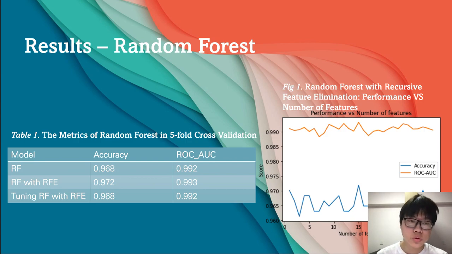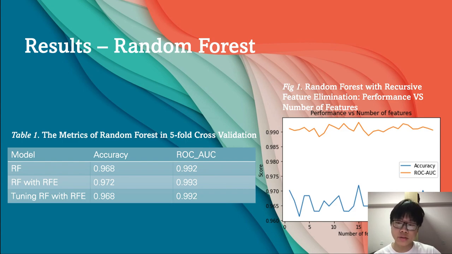Then I will show you the results of random forest. From the table you can see the performance of random forest is increasing with feature selection and decreasing with tuning hyperparameters. For tuning, first I use random search to explore the approximate range of hyperparameters, and then apply grid search to find the best hyperparameters.